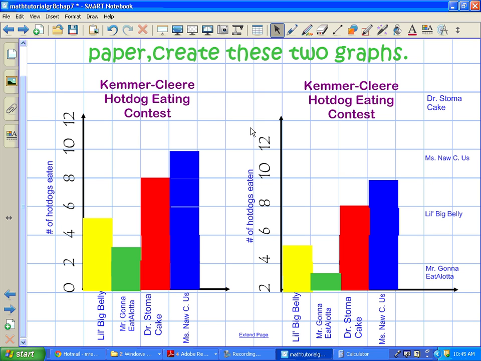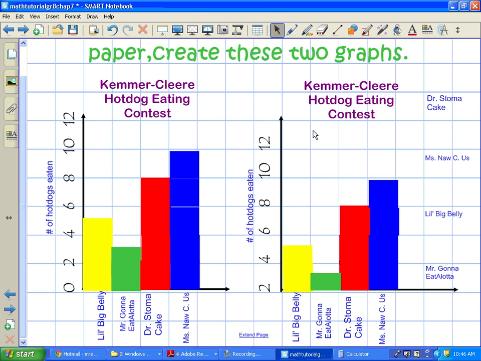All right, now looking at this graph, it almost looks like Mr. Gonna Eat a Lotta didn't eat hardly any, like he ate almost half as much as this person, right? When we know that if we look at this graph here, that's not the case. They ate 3, while this person ate 5, but yet this looks like less than half because we've changed the scale on the side here.